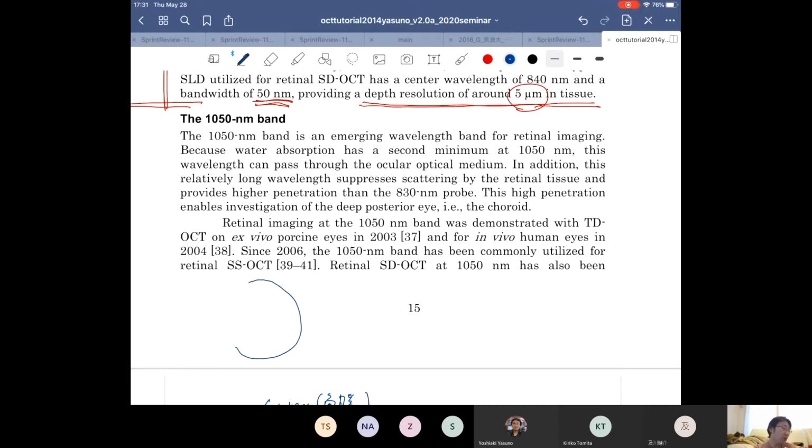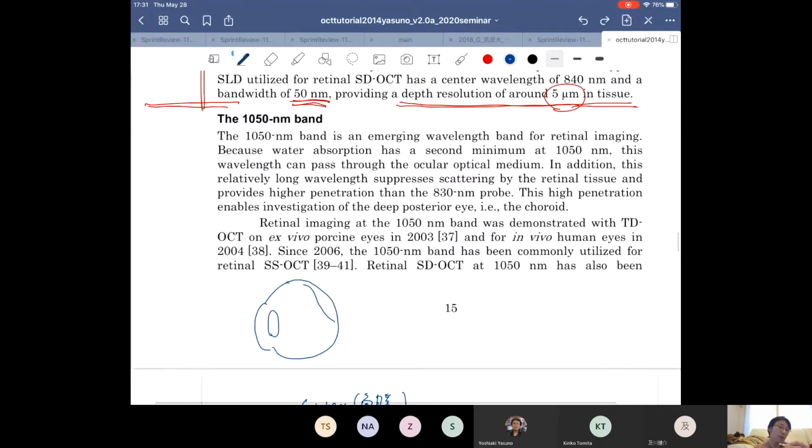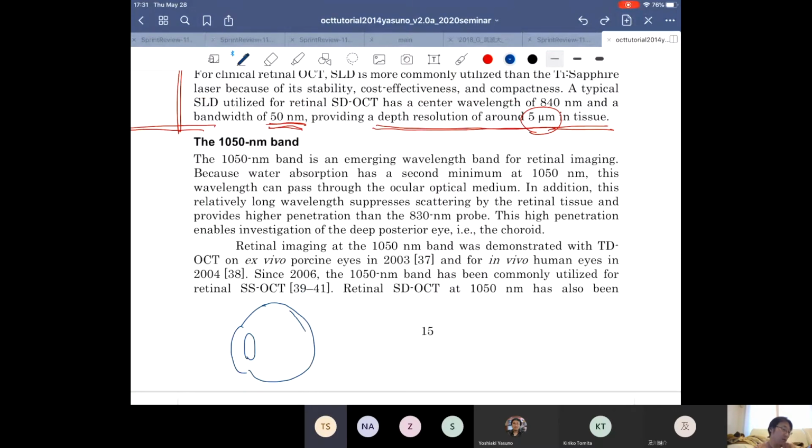So here is the eye, right? And here is the lens. And here is the retinal tissue. When you see something, light is coming from this side, and also for OCT imaging, light is coming from this side.